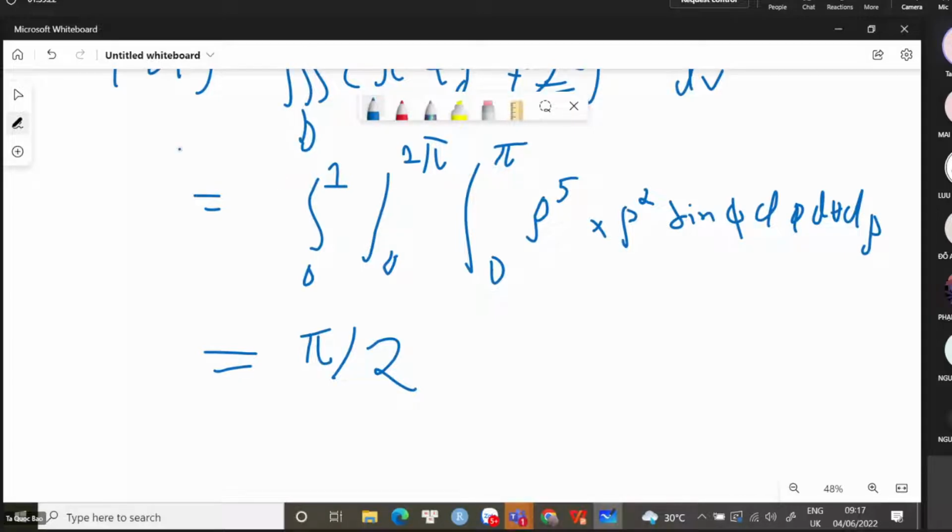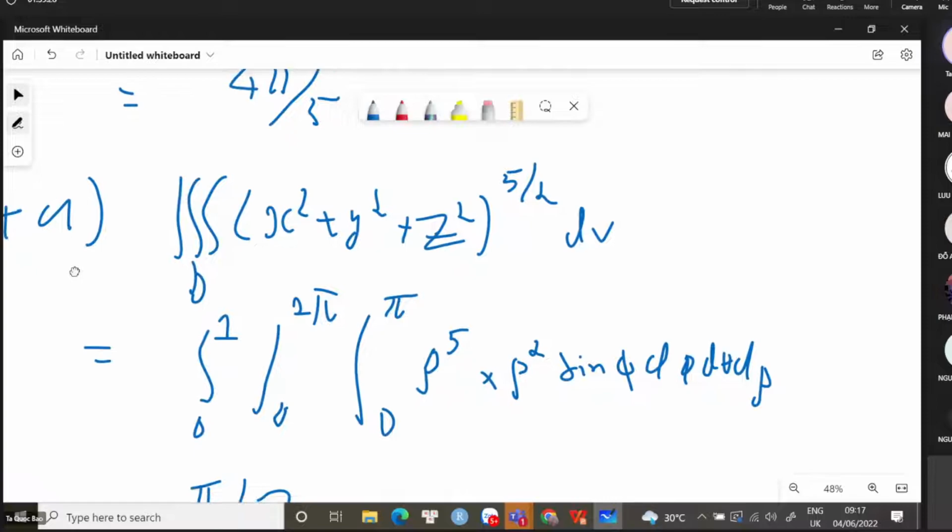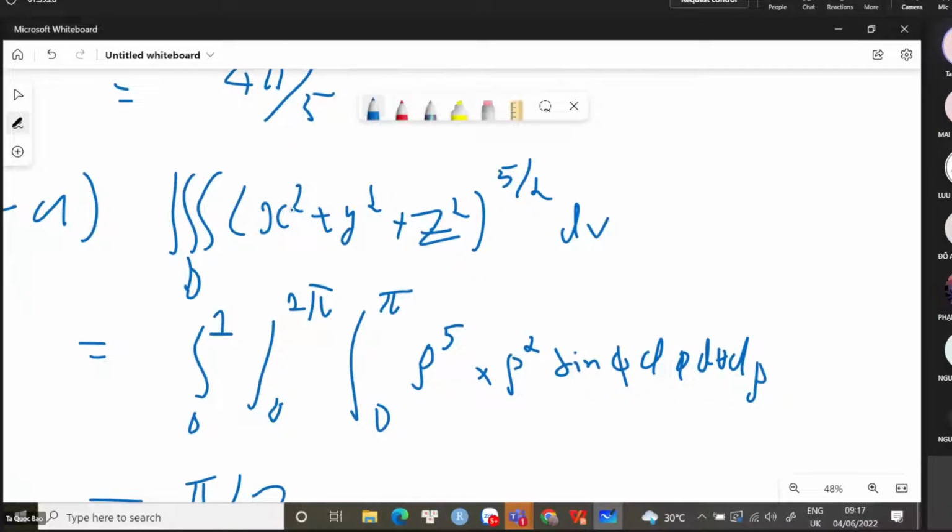Okay, so we observe that when our integration contains these terms, then we should think about using spherical coordinates. Understand?